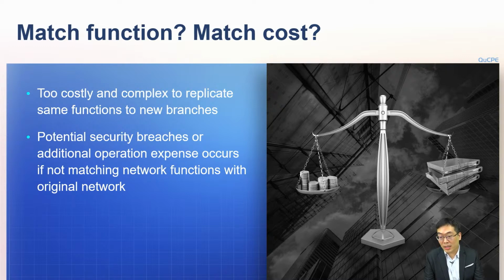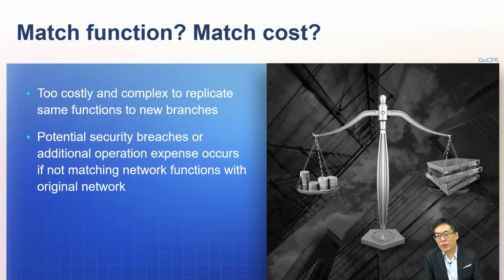I think the answer should be very clear for most managers, because we don't have the budget for this kind of deployment. But the problem is that it doesn't matter whether you are in a big office or a small office. The risk is always there. So most of the time, when we're trying to deploy this kind of solution in the branch office, we have to sacrifice.